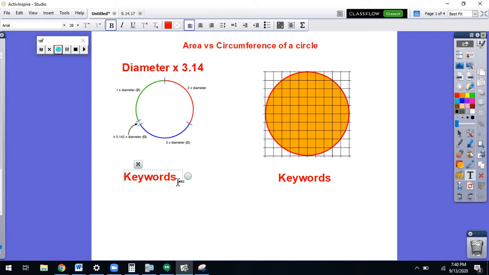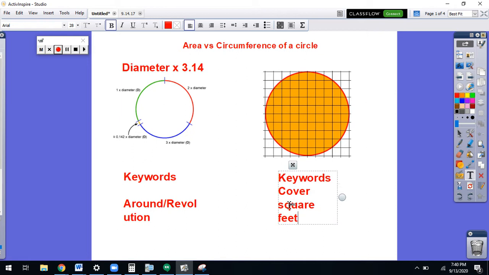For circumference, we hear the word around, or it could be a revolution, like a tire going around one time, or surrounding, all those things. For area, you're going to hear words like cover. You're also going to hear things like square feet.